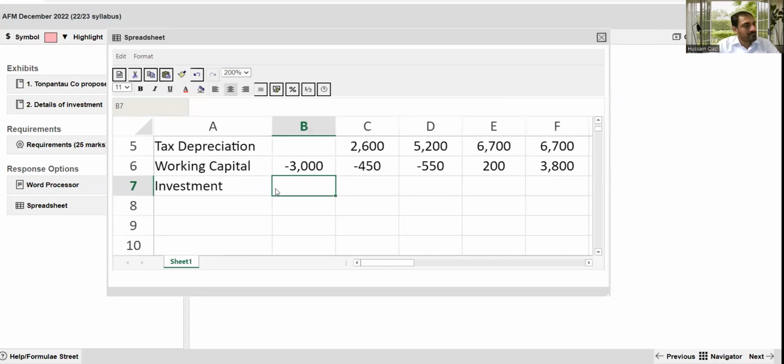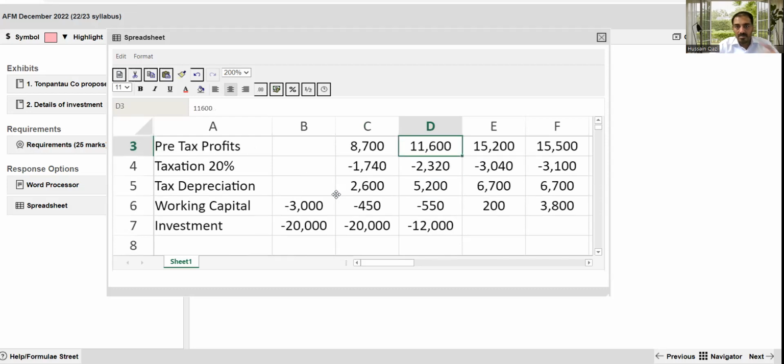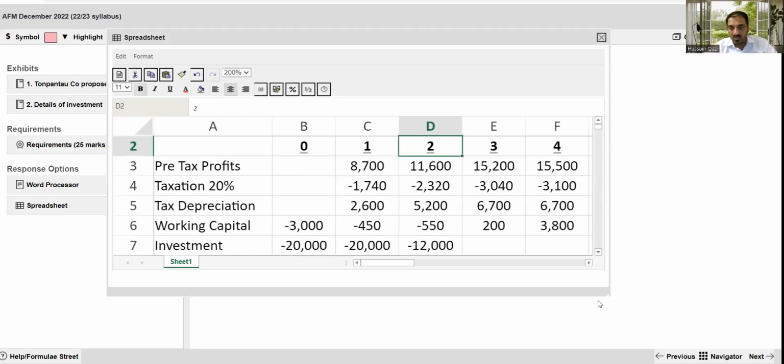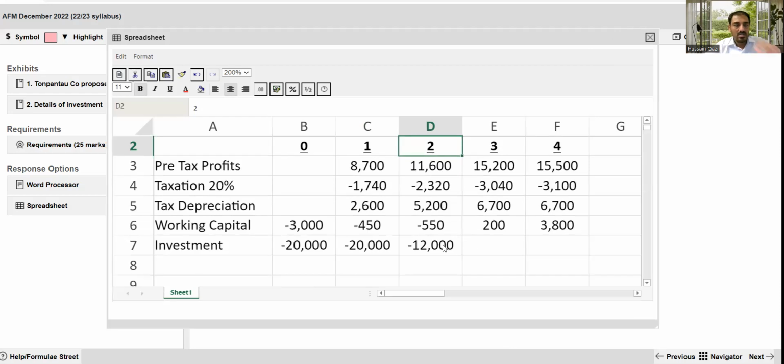So minus 20,000, minus 20,000 and minus 12,000. That is what it is all about in the working structure.